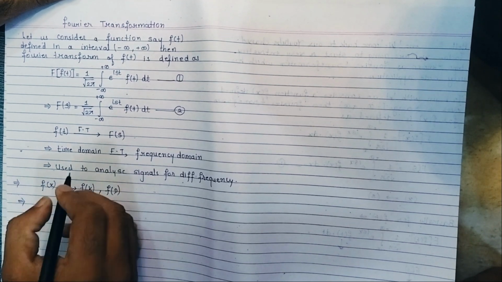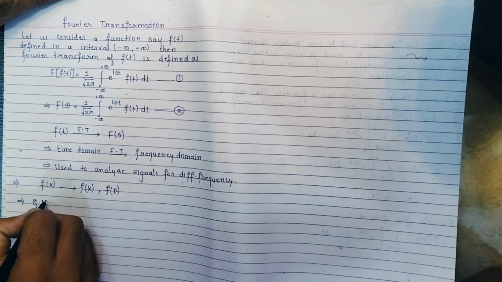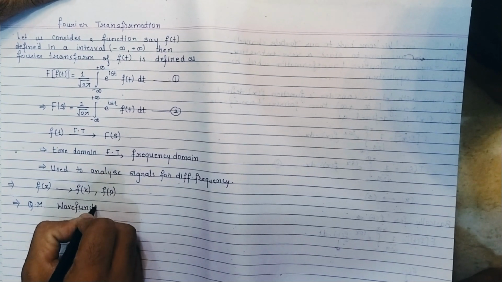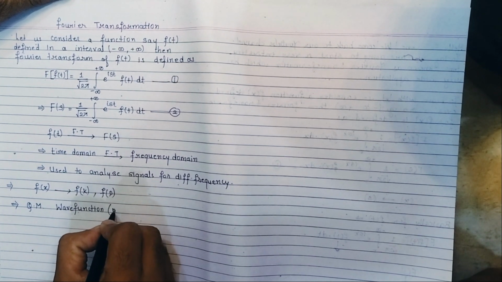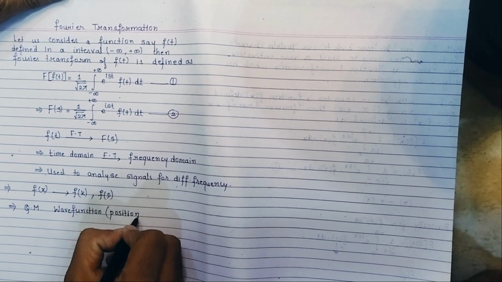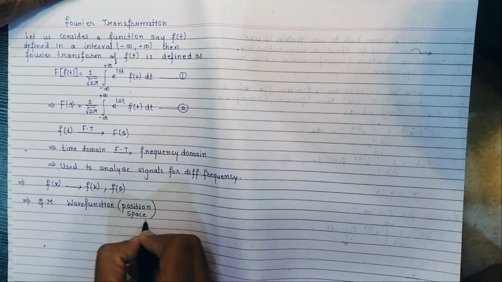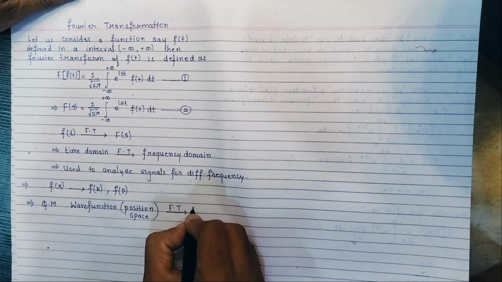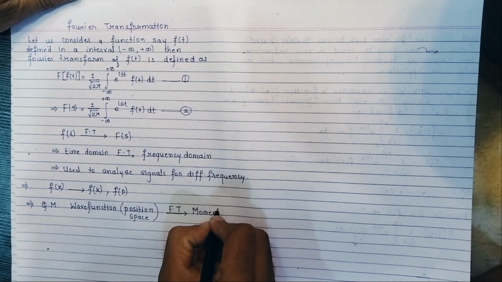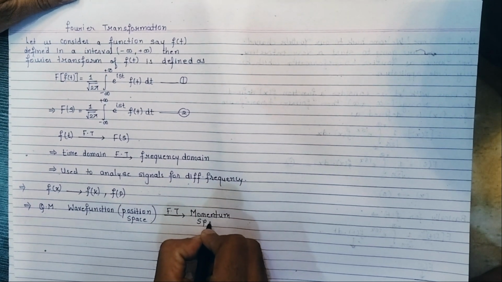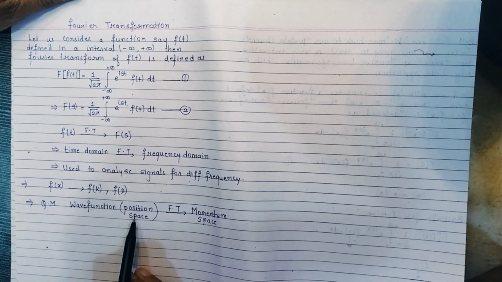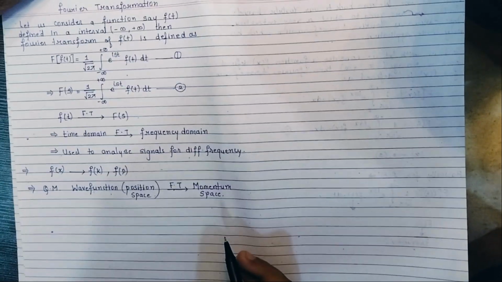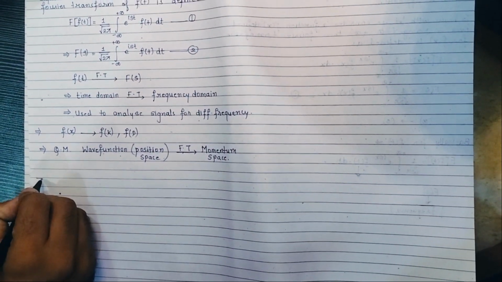On recalling, in quantum mechanics, a wave function defined in, say, position space, on application of Fourier transform, is converted into momentum space. So in order to convert a position space wave function, we do the Fourier transformation and it is converted into momentum space.